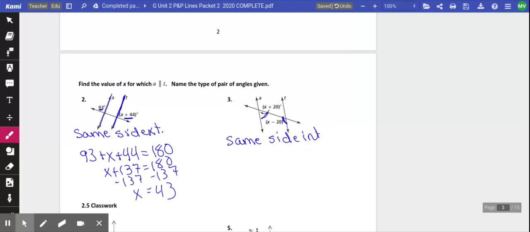So if they're same side interior angles, that means they are supplementary. So that would mean x plus 20 plus x minus 20 equals 180. So that's 2x equals 180. So x equals 90.